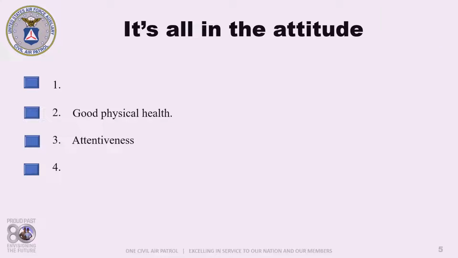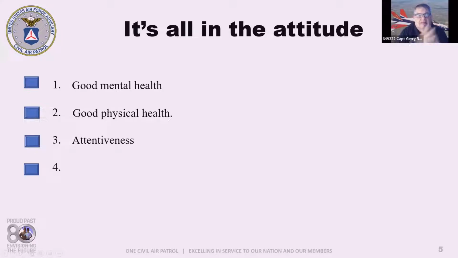Good mental health. Exactly. So we're all focused and clear. If we're coming off of an argument, it's most likely that you're not focused on the task at hand. You need to have a clear head, and you need to make sure that you focus to get back in the game if that's the case, to gain back that situational awareness.